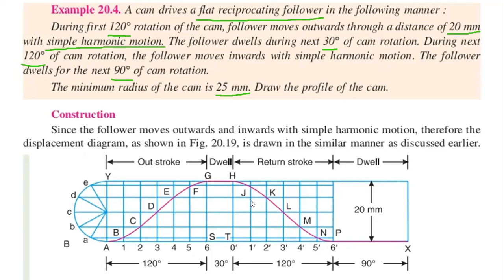Then the first divided vertical line is intersected with the fifth horizontal line.